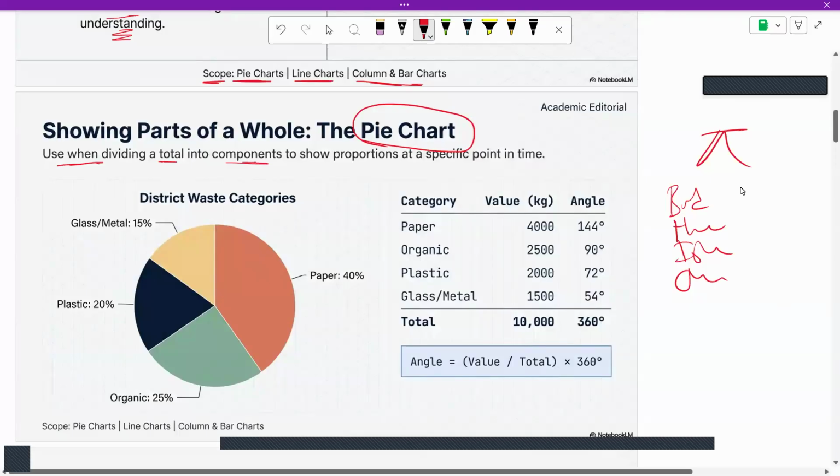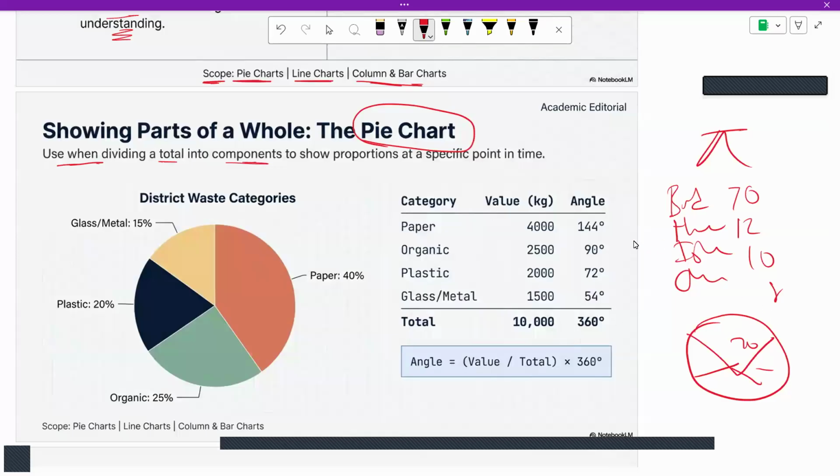Here we can say 70, 12, 10, 8, like that we can put. When we present the data in this form, we can see the larger portion and the smaller portion, and it is very easy to understand.